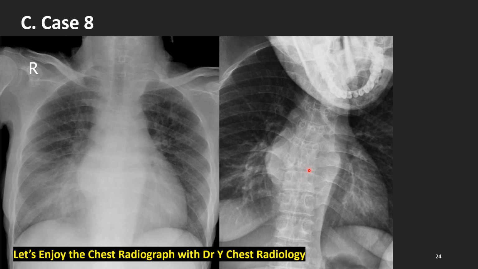Yes, we see the low T-spine destruction, narrowed interspace with bilateral paraspinal bulging with obliteration of the paraspinal stripe. This was TB spine, so-called TB spine, paraspinal tuberculous cold abscess.